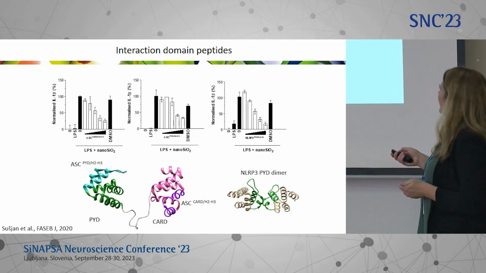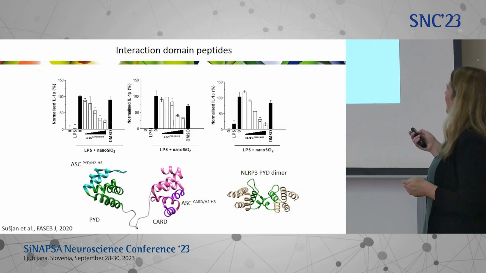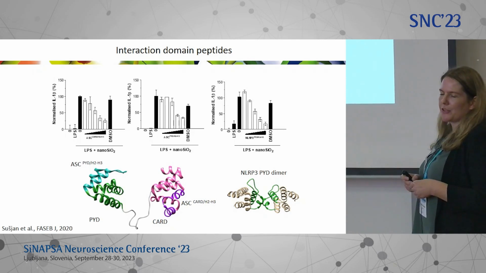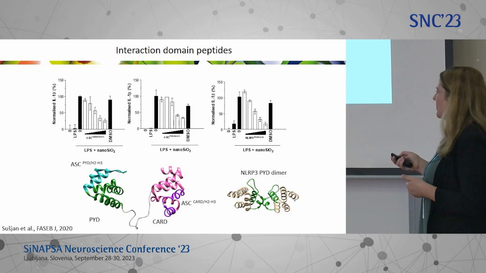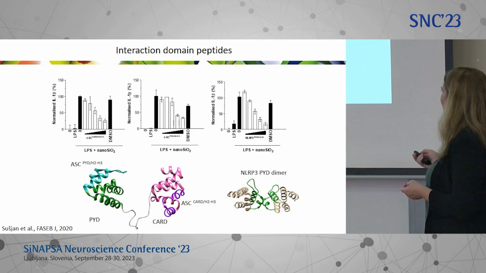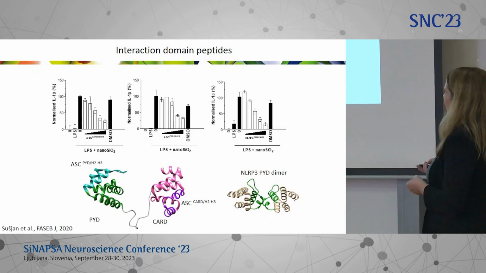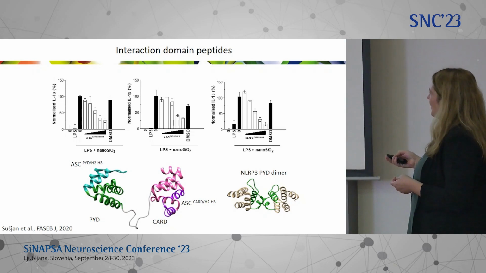So then when we go to the interaction domain peptides, here we actually had some information about the structures of those domains. So we were also much better in designing those inhibitory peptides. Basically all three that we had inhibited IL-1 beta release pretty well due to silica addition.